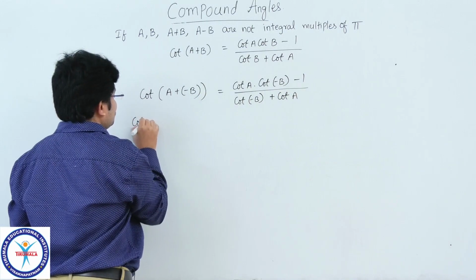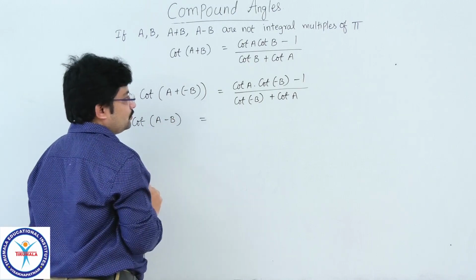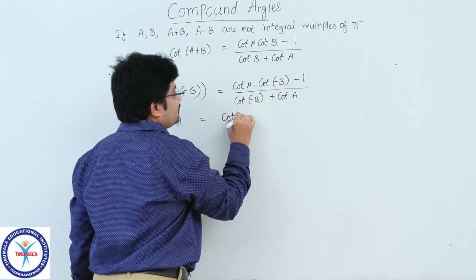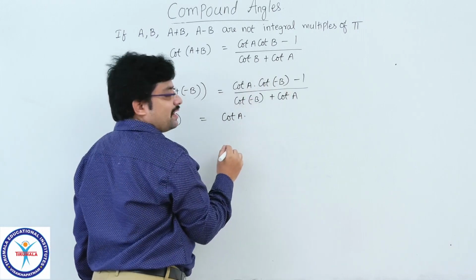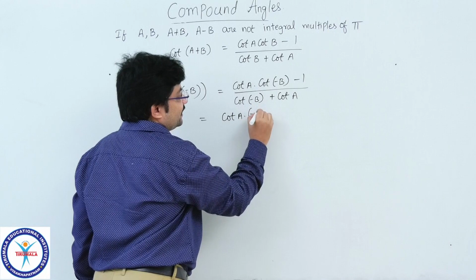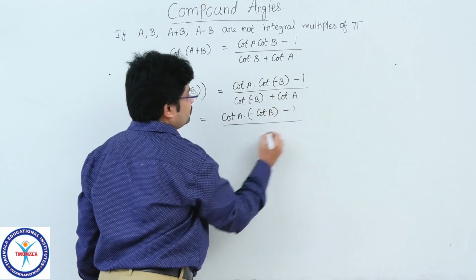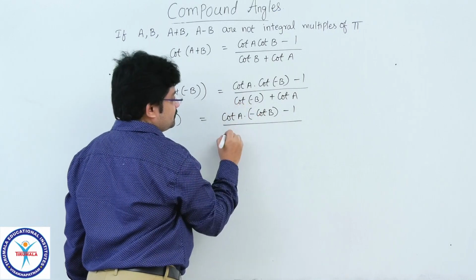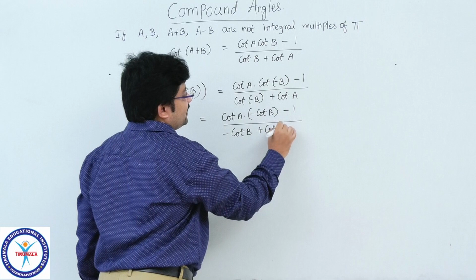So here cot(a-b) is equal to cot a into cot of minus theta, that is minus cot theta. You will get minus cot b, minus 1 by again cot of minus b, minus cot b plus cot a.